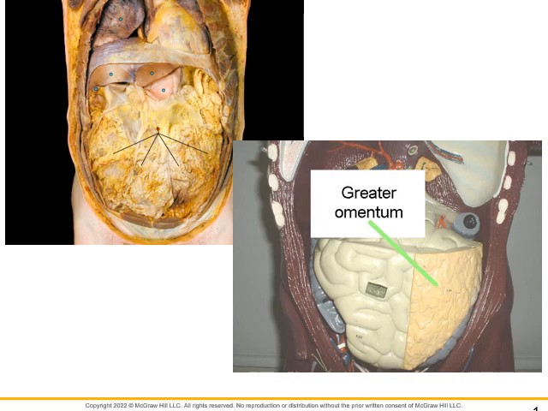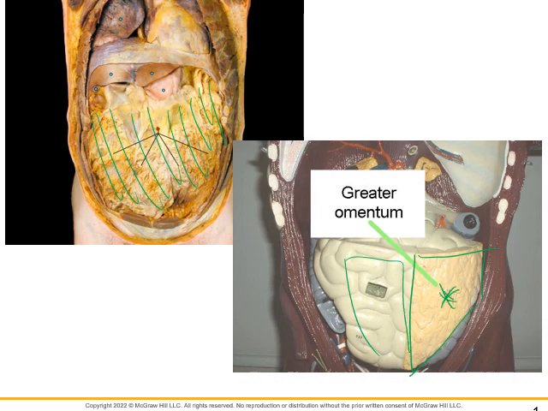Here's a cadaver image showing you the greater omentum. You can see it really does act like a fat drape or a fat apron. And then the greater omentum on the model, they cut it away so that you could see the small intestines. But if you see the purple guy in lab, he does have a section of greater omentum. And then we said there's another section, the lesser omentum, is going to attach the stomach and the duodenum.